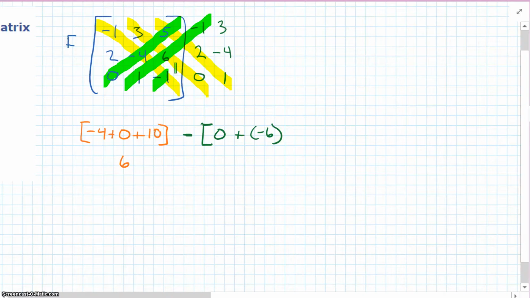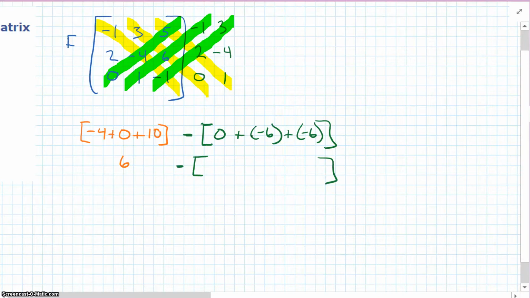Plus the product of negative 1 times 2 times 3, that's going to be plus negative 6. So minus the sum of those products. 0 plus negative 6 plus negative 6 is negative 12. So 6 minus negative 12 is 18. So the determinant of matrix F is 18.